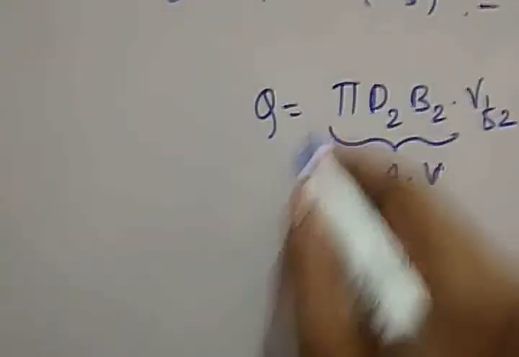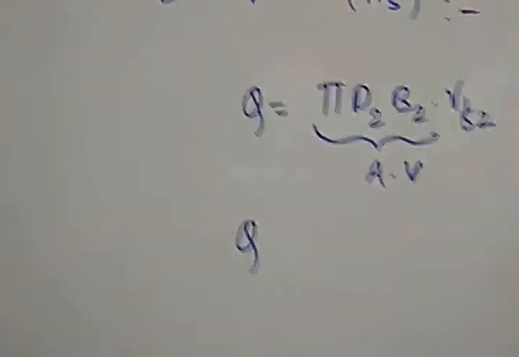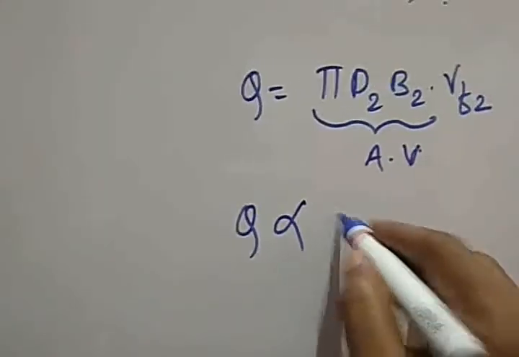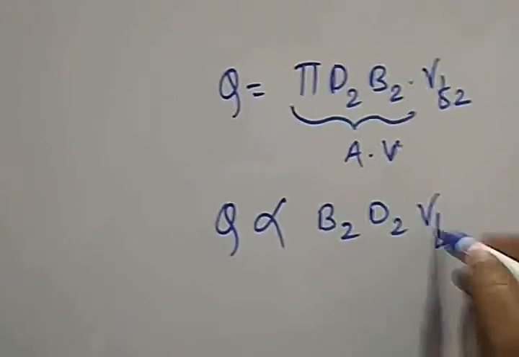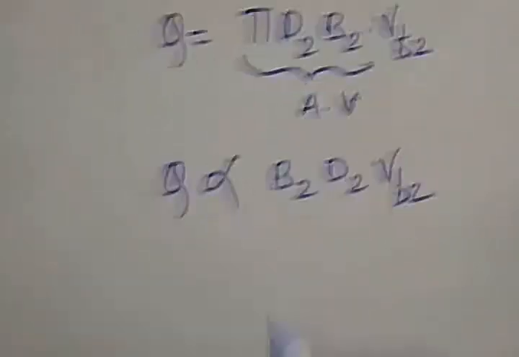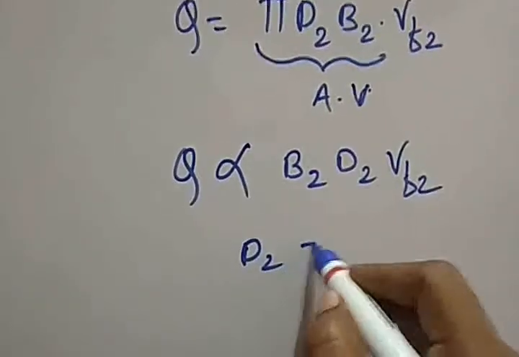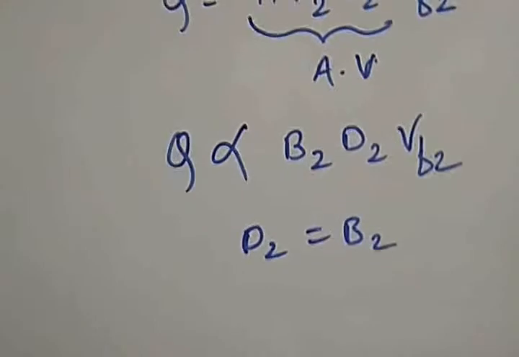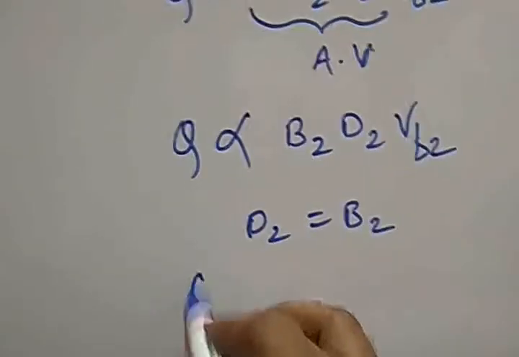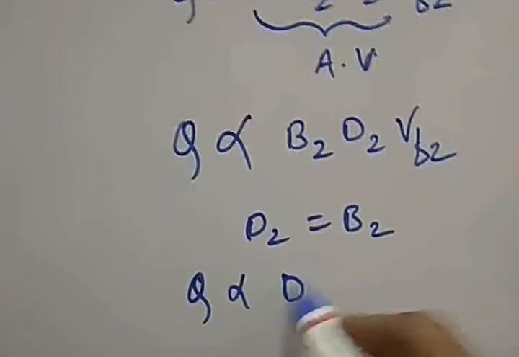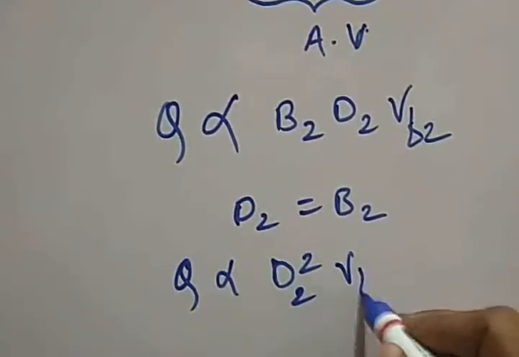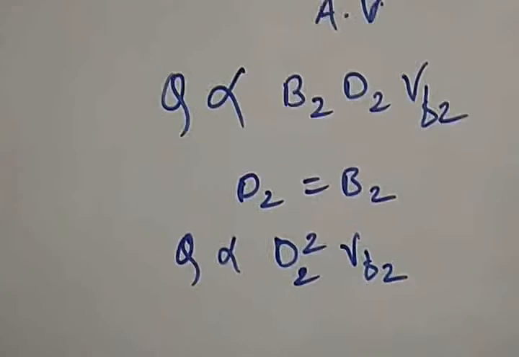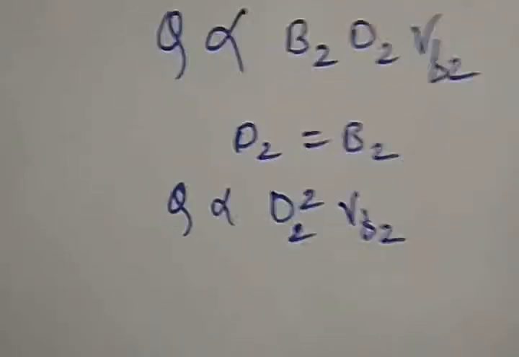From this equation it is seen that Q is proportional to D2, B2 and Vf2. Suppose D2 is equal to B2. In that case, Q will be proportional to D2 square into Vf2.